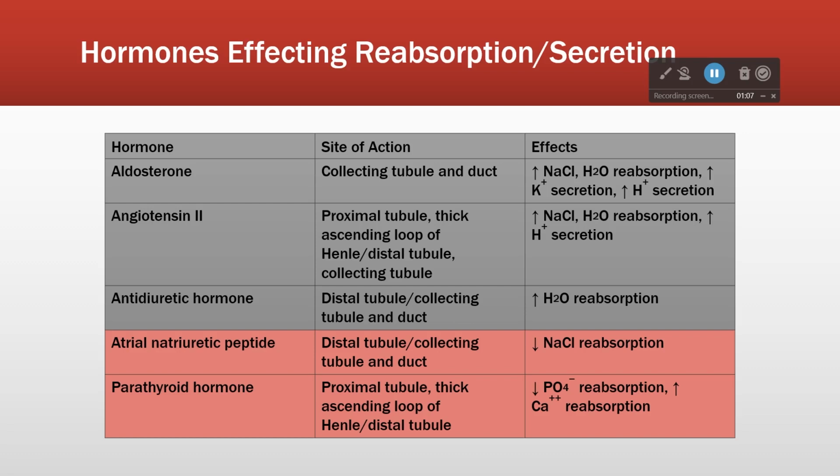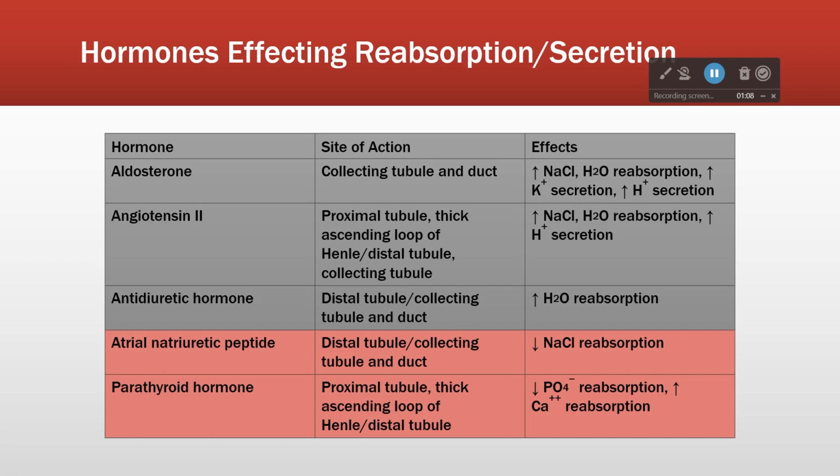Parathyroid hormone also has an effect at the distal convoluted tubule, but its effects are entirely about phosphate and calcium. Remember, parathyroid hormone is our calcium regulator. Phosphate goes with calcium because of bone. When we release calcium from the bones, we also get phosphate, which we typically don't need.